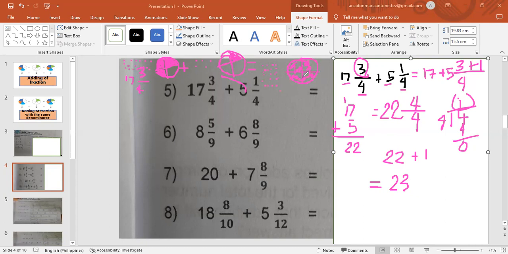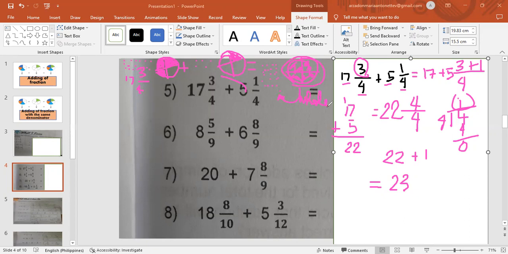Oh, see? 4 are shaded. That's why it became complete. That's why this complete shaded pizza is added to here. They became part of this one already because this one became whole. Meaning they are all shaded.